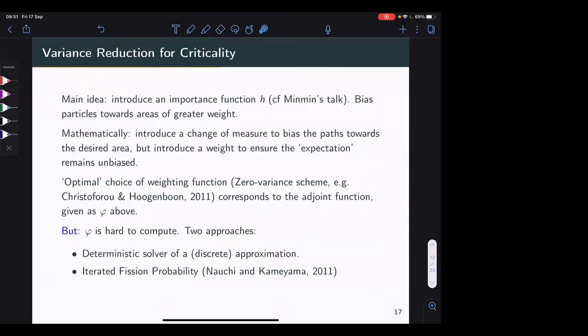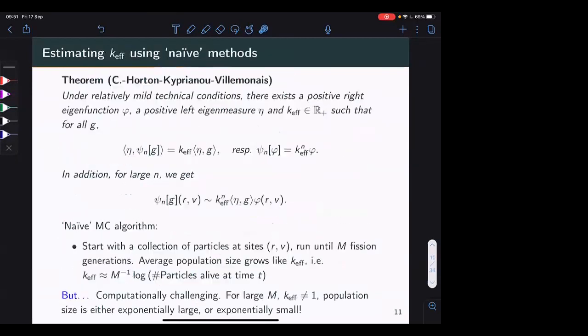And I think there's various ways of trying to solve this. There are various ways of using deterministic solvers to approximate phi. And the other thing that I think is fairly recent in the literature is this idea of an iterated fission probability. If I understand correctly, it's effectively using this representation here. So I start particles at different locations.